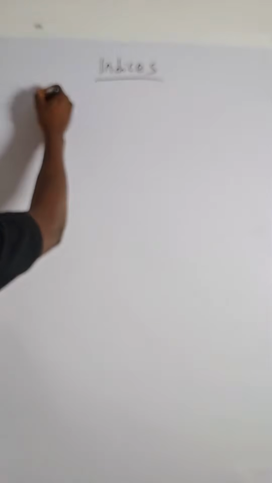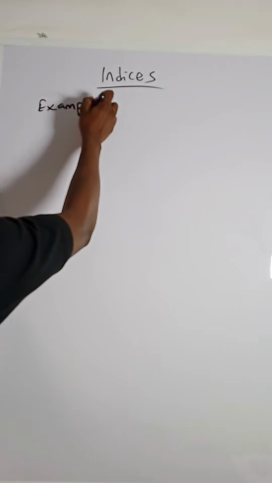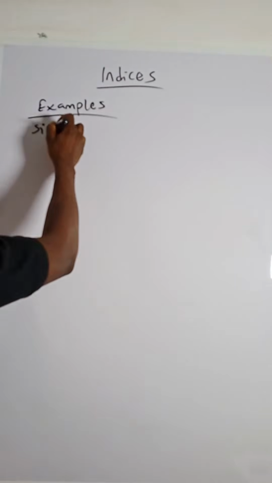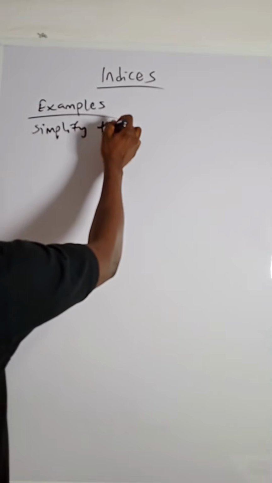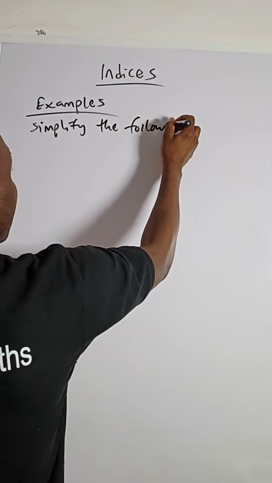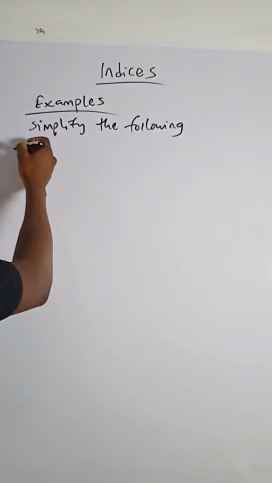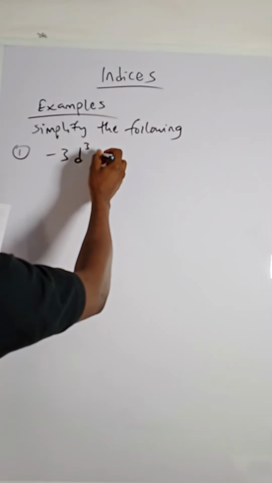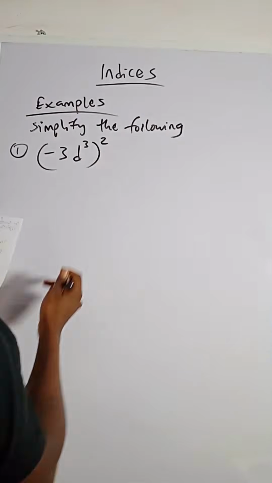Okay, so some more examples before we end the lesson. Simplify the following, as usual. Number 1, we have minus 3 d raised to power 3 all raised to power 2.